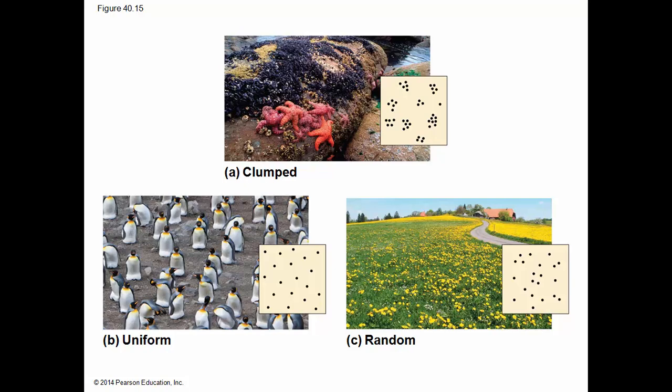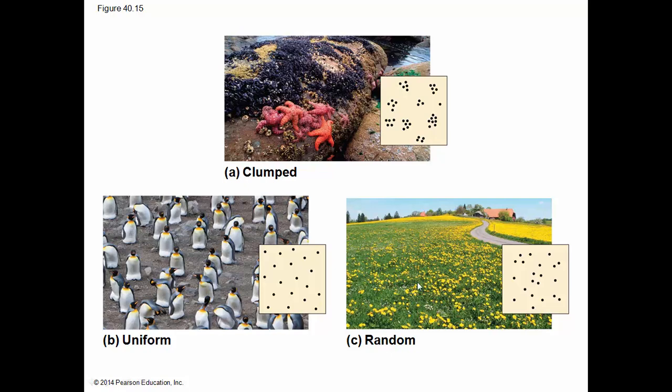Typically the male will sit on the egg, and they will guard their territory from the other penguins. Sometimes if a hatchling gets out from under the penguin parent, it may stray too close to one of these other penguins, and those other penguins might even kill it. So that's why they keep a uniform distribution across this habitat.